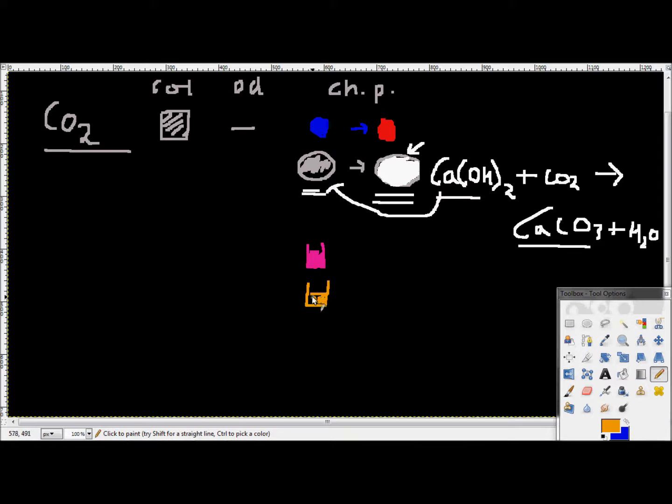So the one at the bottom is K2Cr2O7 and above is KMnO4. Now what you need to know here, it's pretty simple for CO2, is that if you add CO2 to this, there is no effect. Nothing happens. It will stay like this.